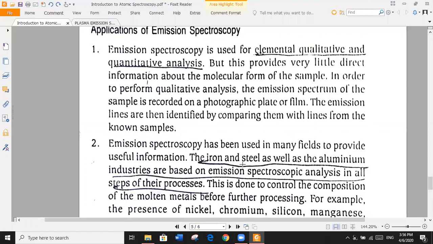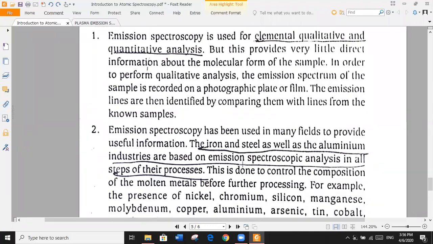Iron and steel, as well as the aluminium industries, are based on emission spectroscopic analysis in all steps of their process. This is done to control the composition of molten metals before further processing.